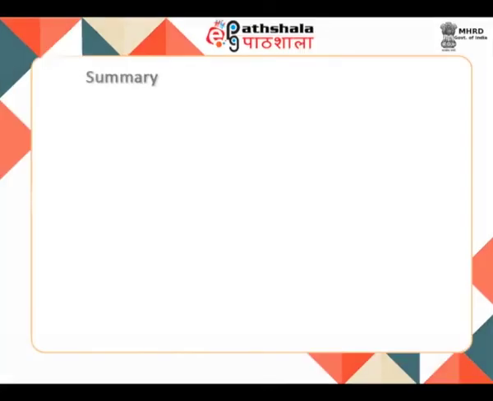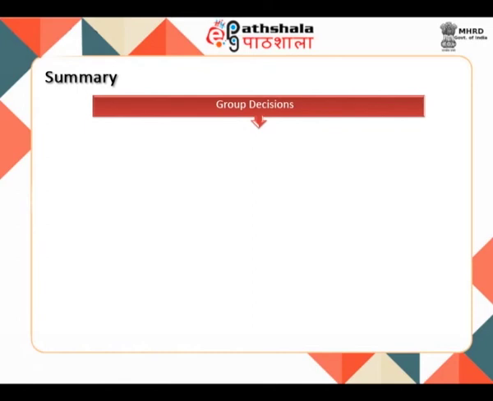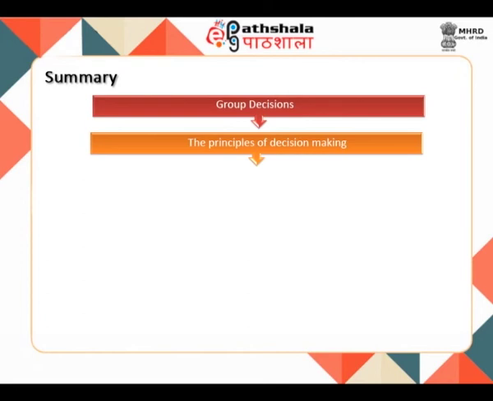Let us summarize what we have learnt in this module. Group decisions are so called because they are taken by the board of directors, departmental committees, or any other group. The principles of decision making are adequate information, limiting factors, maximization of profits, people reaction, right timings, and participation.